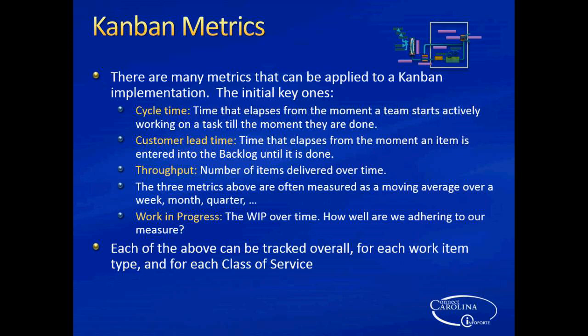But it's how long does it take you to get done? Then there's the dreaded customer lead time, which says I put it in the backlog, and then on average, and with what distribution around that average, is our actual lead time to get the work done.